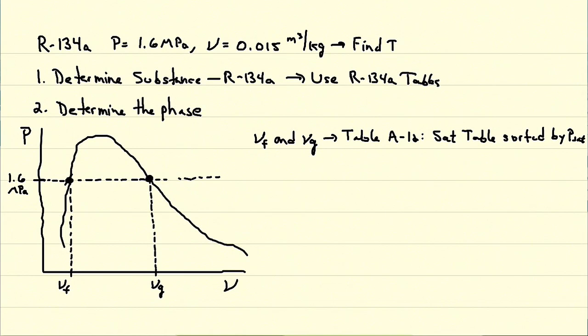We say that our saturation pressure is 1.6 megapascals, which is the same as 1600 kilopascals, and we look up what v_f and v_g are. So let's go to our table.